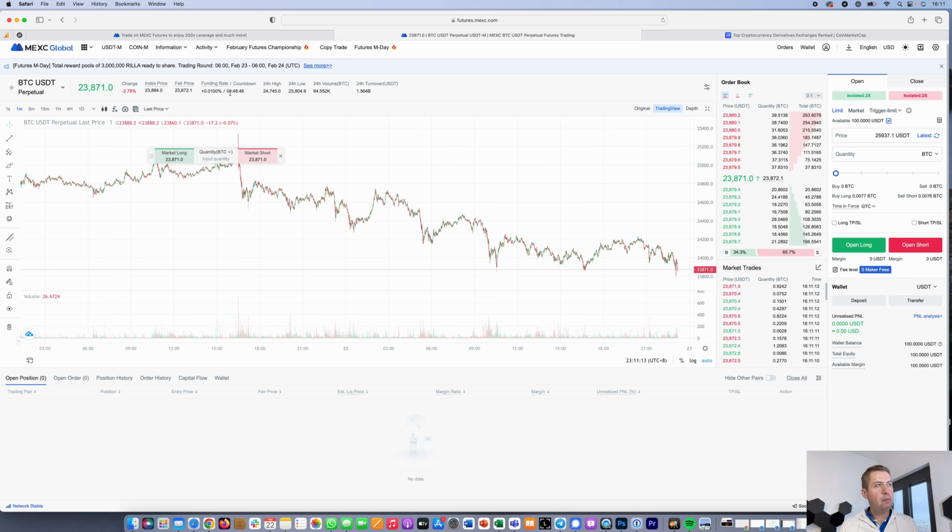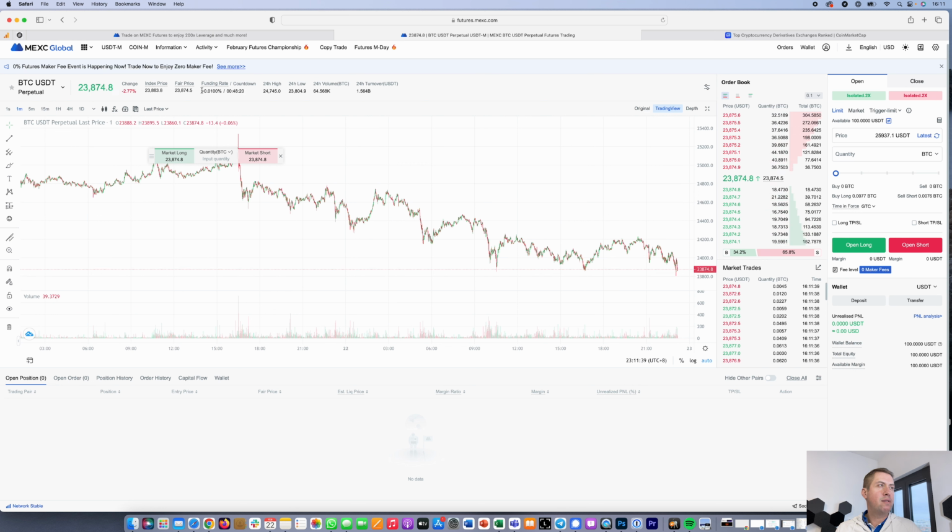If we would open up a position and stay in that position for 48 minutes, they would basically charge us 0.01% if it is a long position. If we would open a short position, they basically would pay us 0.01%. And if the funding rate is negative and we are in a long position, then we would receive that money.